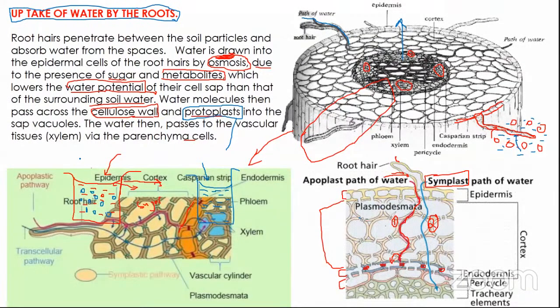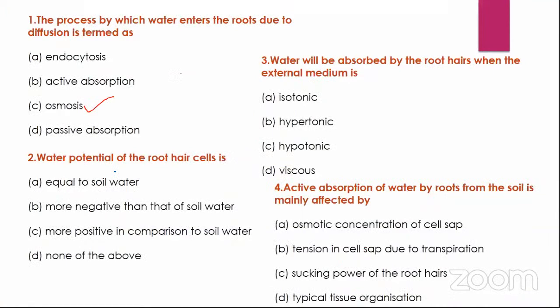And so the question was saying, the water potential of the root hair cells is: 1, equal to soil water; 2, more negative than that of soil water; 3, more positive in comparison to soil water; and then none of the above.